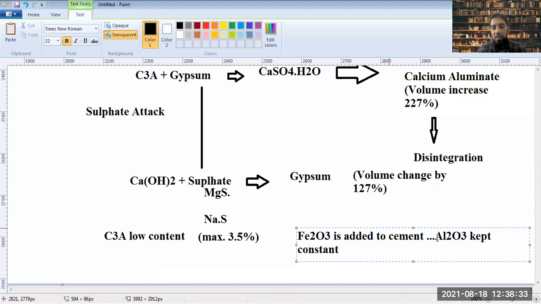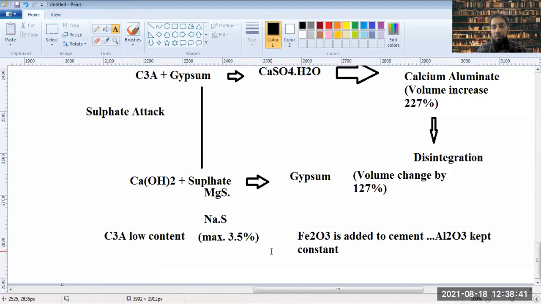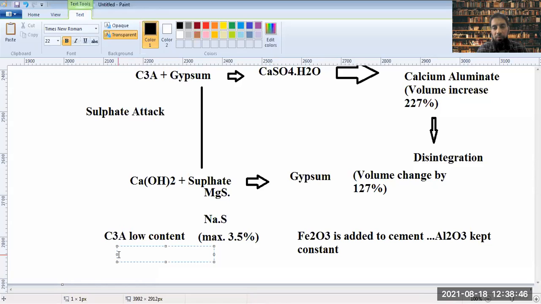So Al2O3 is kept constant, but in order to replace the C3A within it, to decrease its composition, you increase the content of Fe2O3. Thereby you get the product C4AF, which contains both A and F, and that has to remain higher.